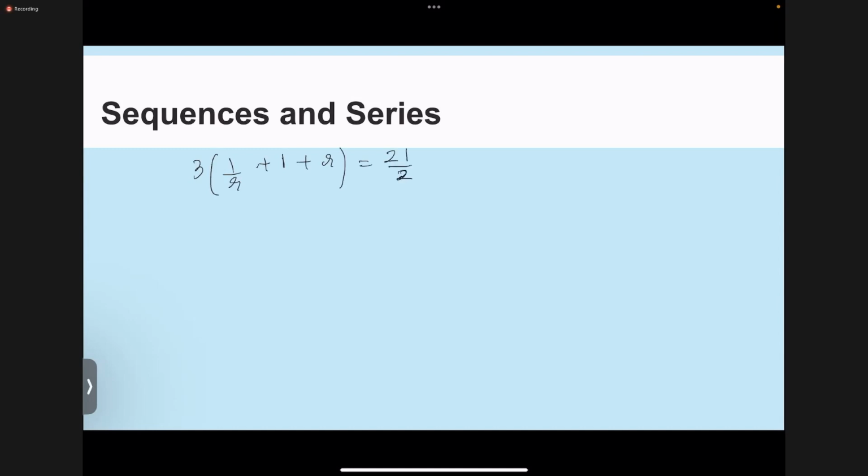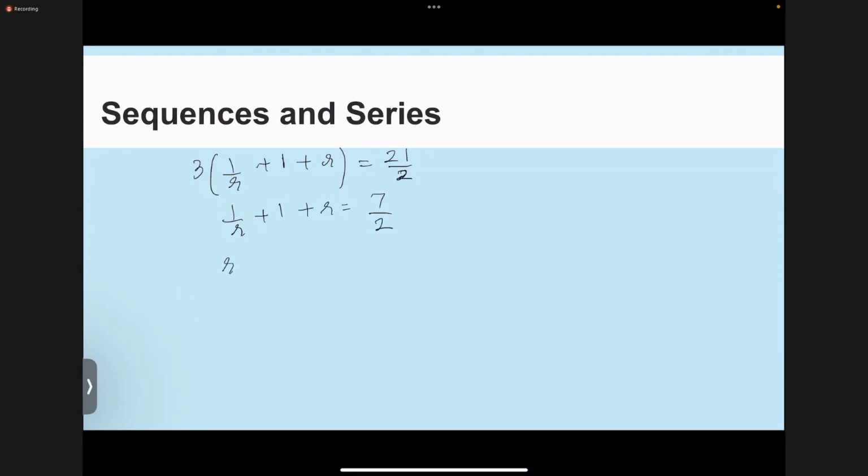Okay, so if you take this to the other side, you will have 1 by R plus 1 plus R is actually going to give you 21 by 3 into 2, so it is 7 by 2.